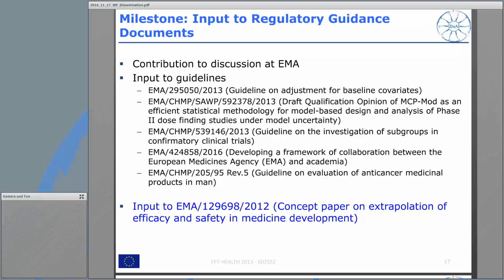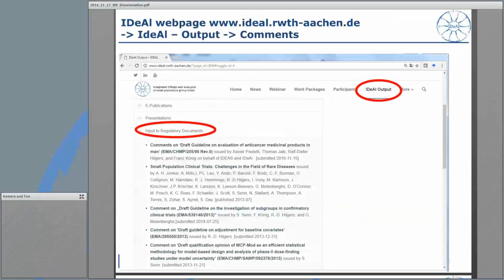He was also involved in the draft concept paper on extrapolation at CMA, as he was the Austrian PDCO member. Again, you can find our written comments on our IDeAl output webpage under Input to Regulatory Documents.